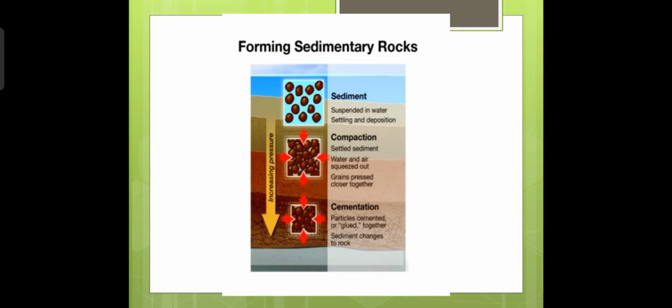Those formed from pre-existing rock fragments by the precipitation of mineral matter in the pore spaces. It is the last stage in the formation of sedimentary rocks.